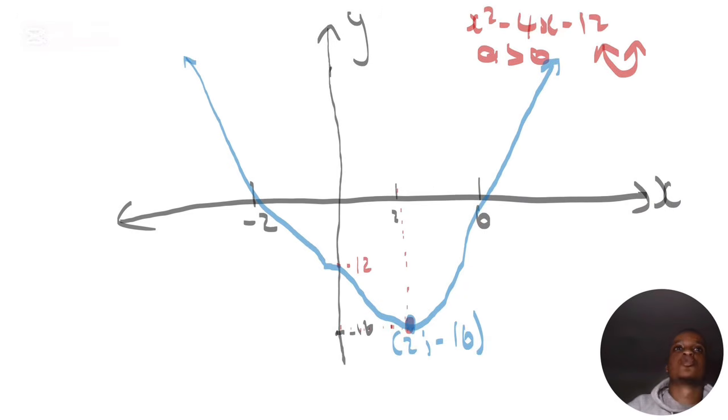Very, very important to write your coordinates, guys. 0 into negative 12. This is 2 into negative 16, and negative 2, 0, and this is 6, 0, right? And this was what? f of x, right? Very, very important.